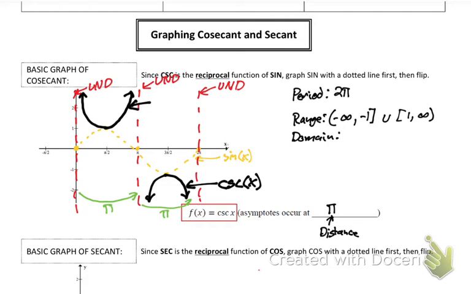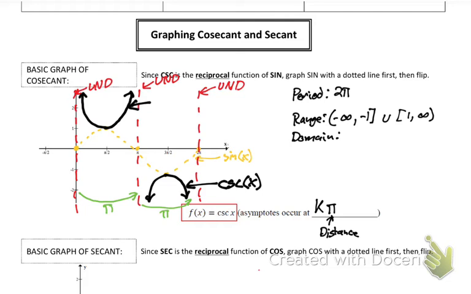Now, if I want to keep repeating something, I'm going to multiply it by a number. So if I want to go 5 pi from here, I'd multiply by 5. I want 5 pi steps. So what I'm going to do is put a k there. K is going to be an integer representing that I can keep multiplying by pi to get to all of them, since it's an infinite number of them.